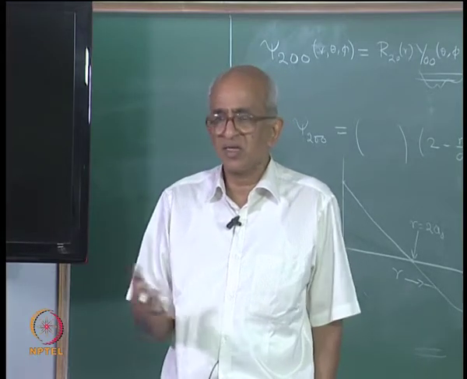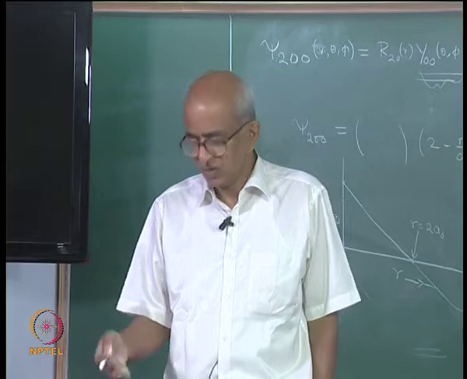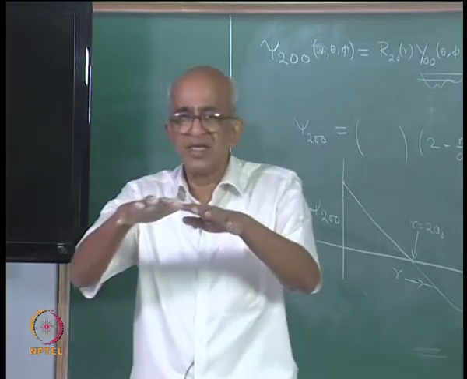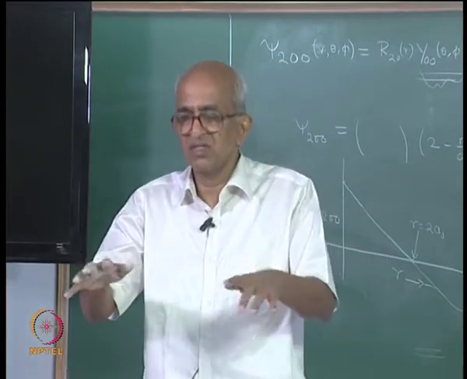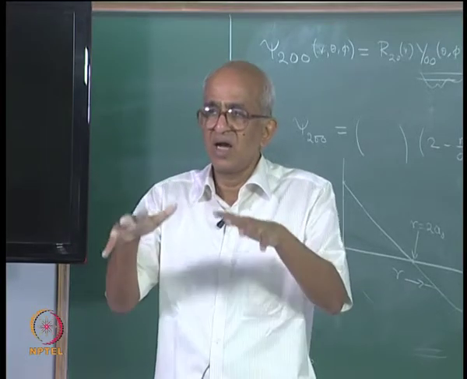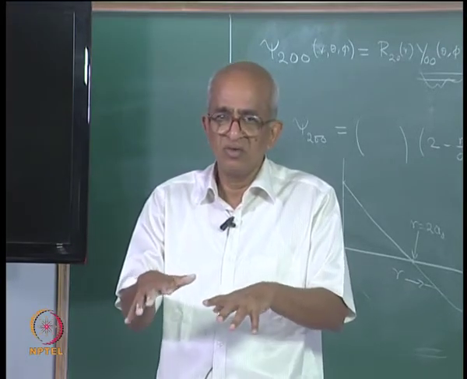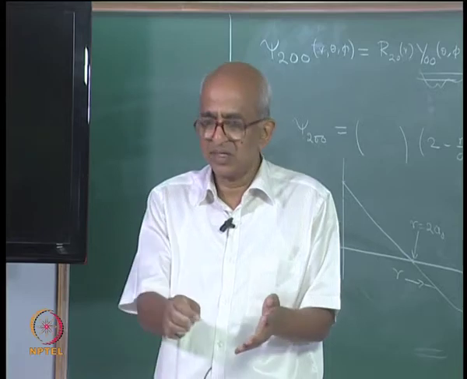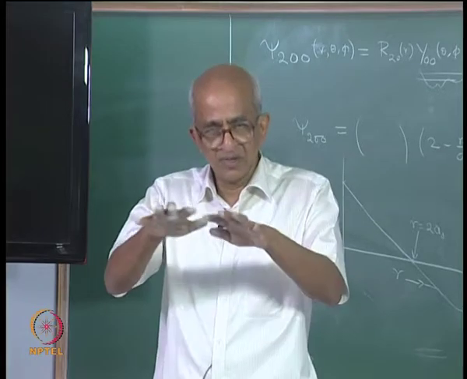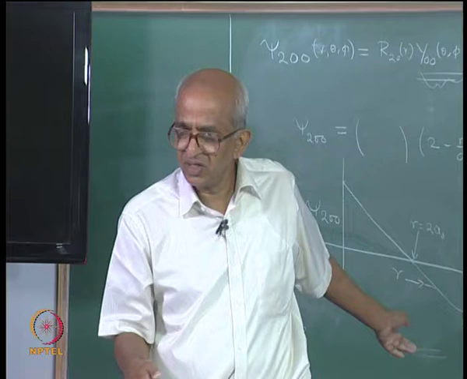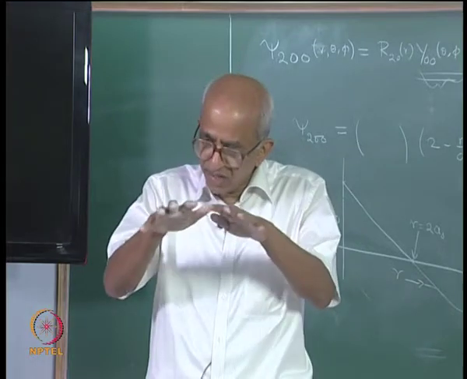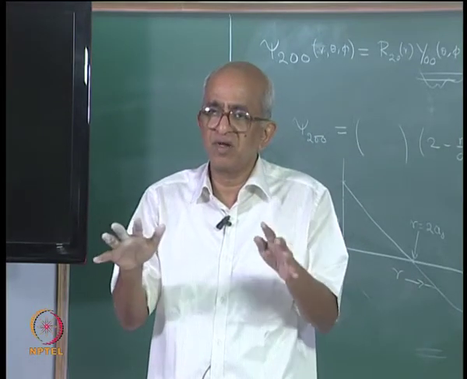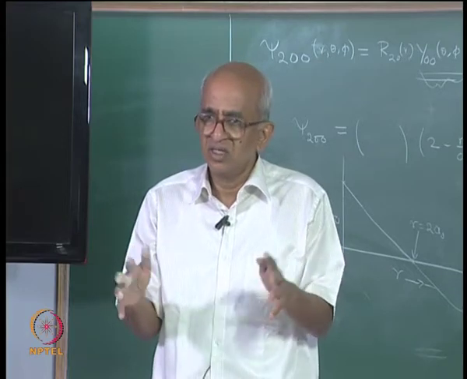When is it that r is equal to 2a0? Think of a sphere having radius equal to 2a0 centered at the nucleus. Anywhere on the surface of the sphere, r will be equal to 2a0, and on the surface of that sphere, the wave function will be identically equal to 0.